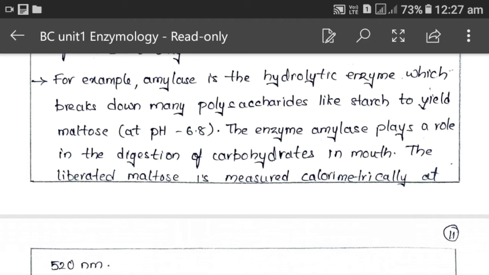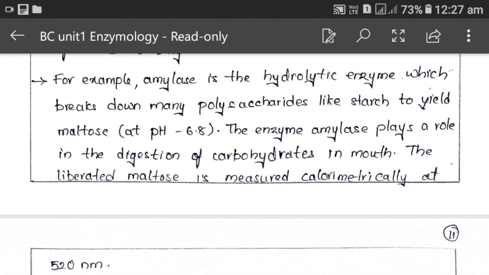That means we can separate the amylase enzyme from the mouth and treat it with a starch solution. Then we get the products. We can prepare different concentrations of amylase, like 0.2, 0.4, 0.6, 0.8.